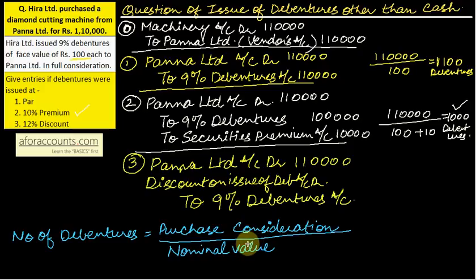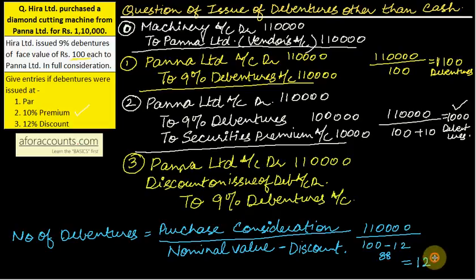This is the case of discount, so subtracted, less discount. So what is the purchase consideration? 1,10,000, right. नॉमिनल वैल्यू 100 that is face value and what is the discount, 12% discount. So 12% discount of 100 is 12. That is 1,10,000 divided by 88 and that comes up to 1,250 debentures.